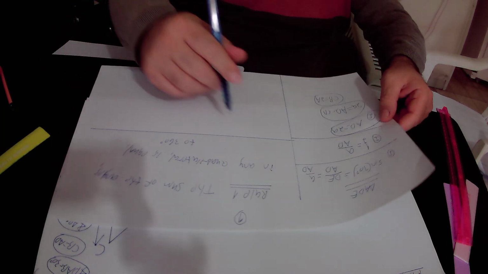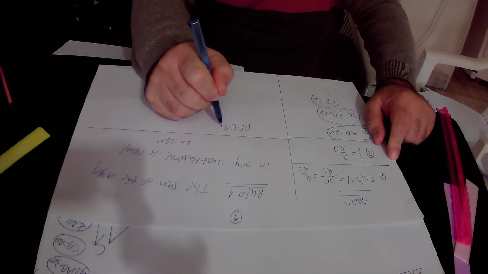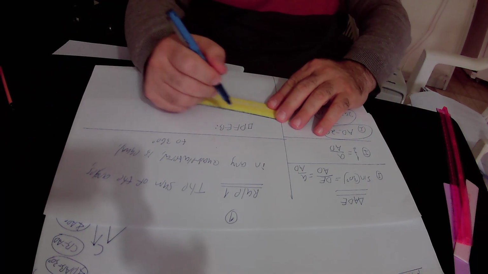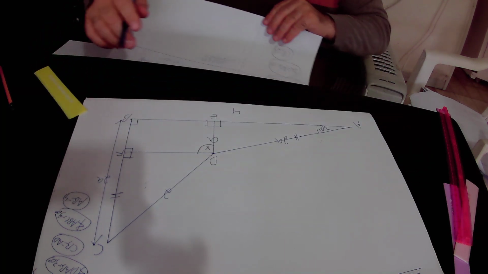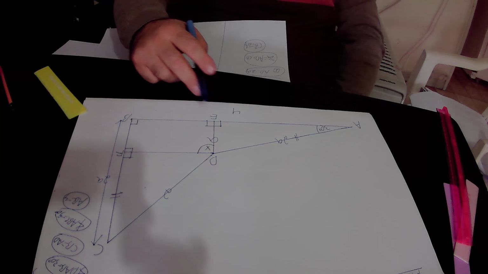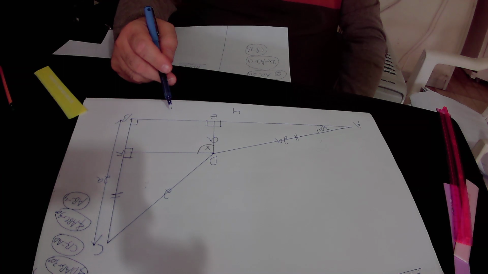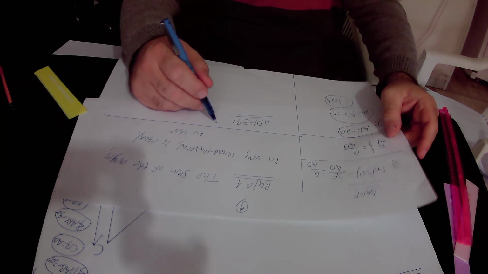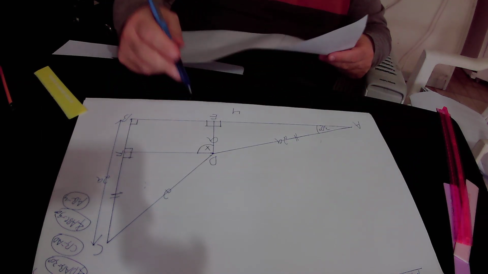So the sum of the angles in quadrilateral DFEB will be equal to 360. We have three right angles, 1, 2, 3. The sum of three right angles is 90 times 3, which is 270 degrees, plus the size of the fourth angle, that is actually angle X.